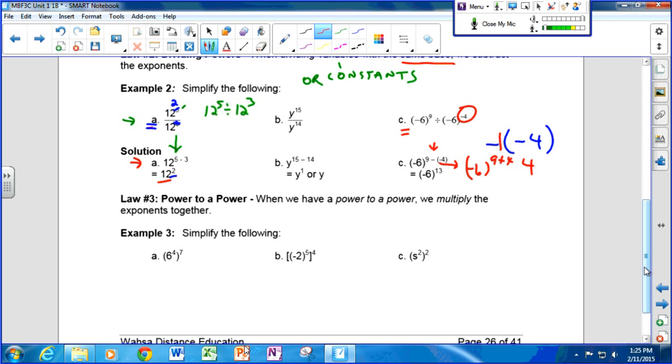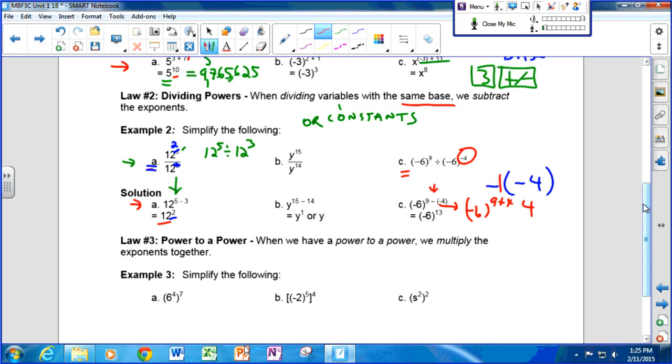Now, let's take a look at our second example here, example 2b, dividing power. So we have y to the 15 divided by y to the 14. Again, we can write y to the 15 minus 14 as the exponents, and then we end up with y to the power 1, which you can either leave like that or just write as y, because we don't have to show an exponent of 1.